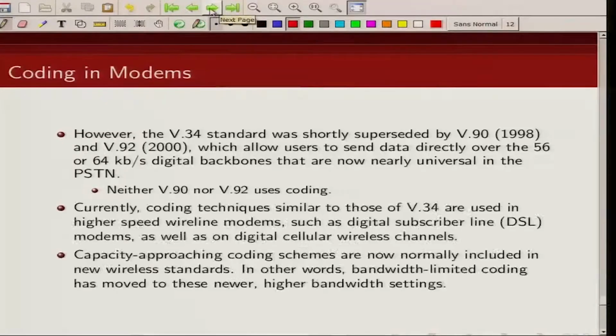But in the mid 80s and early 90s, these codes were very successfully applied for coding for modems. Currently, these techniques are also used for high speed wireline modems like ADSL and other applications, and of course turbo codes and their variants are also finding applications here.